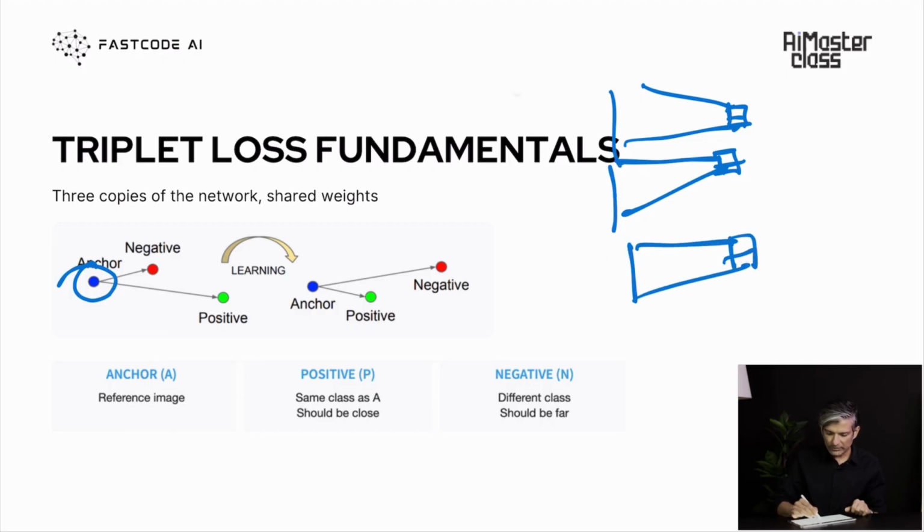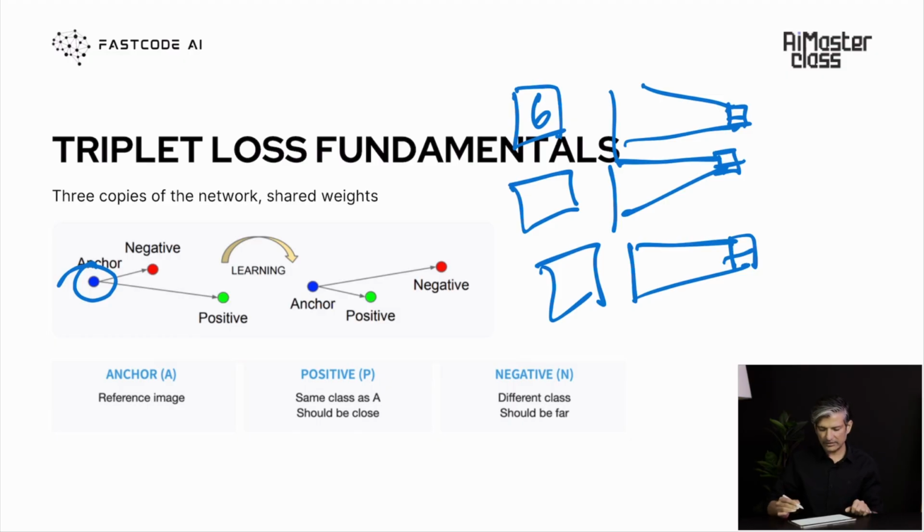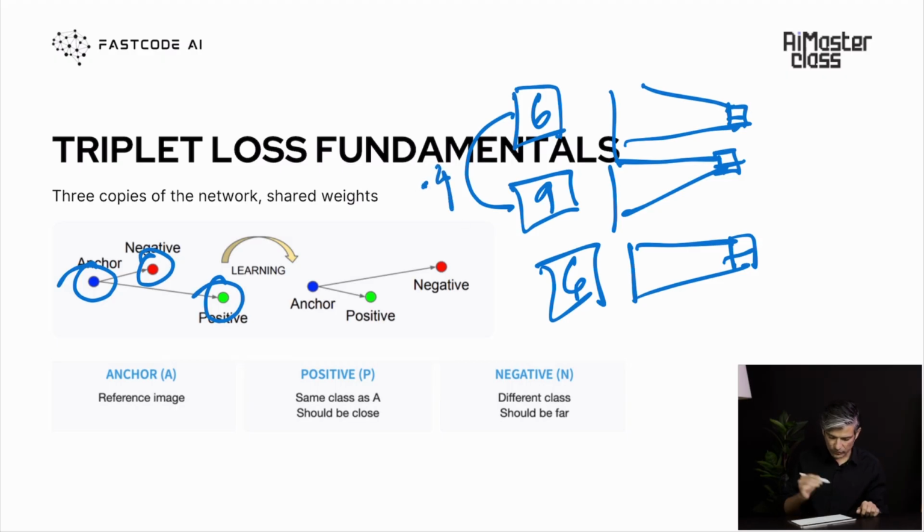And now we give it three data points, in this case images, right? One is an anchor, let's say it's a 6, and then one negative and a positive. So my anchor is 6, my negative is, let's say, 9, and my positive is another 6. And look at the question we are asking. Before learning, maybe the distance between 6 and 9 is, let's say, 0.4, so it's low.